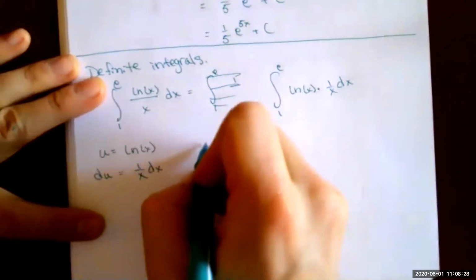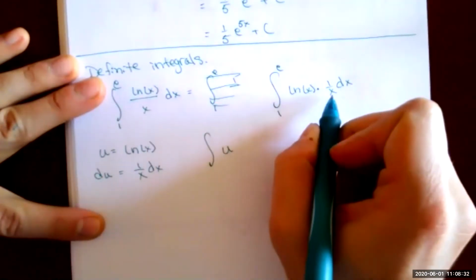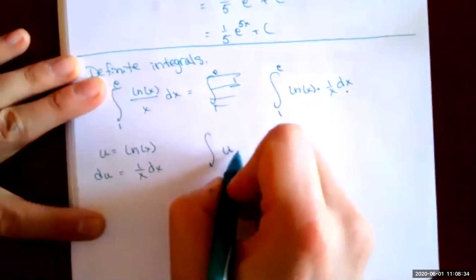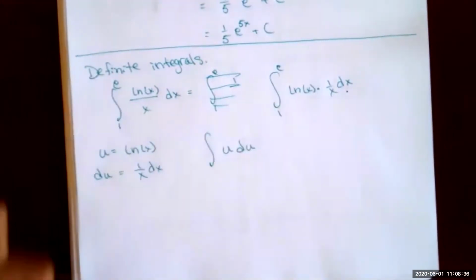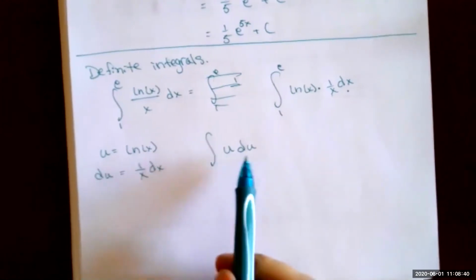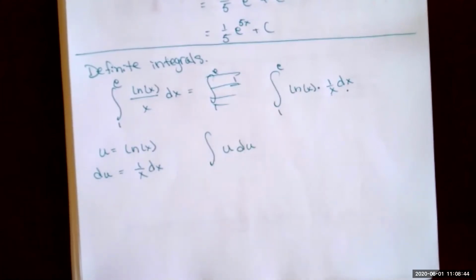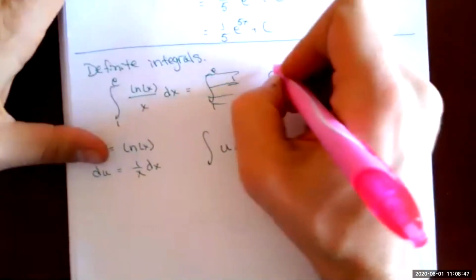We make our substitution, and my problem becomes the integral of u, and then this 1 over x times dx is now just du. Okay, so far so good. I have a du. All of my variables are in terms of u, but we need to be careful.